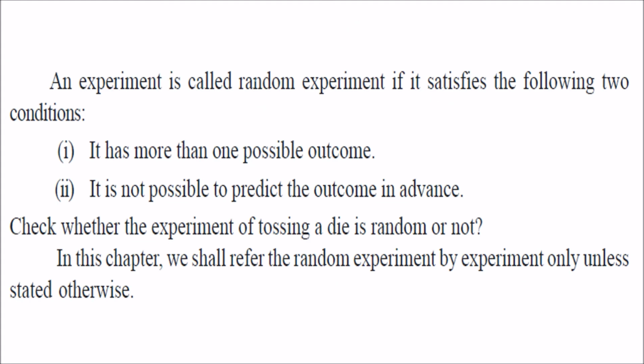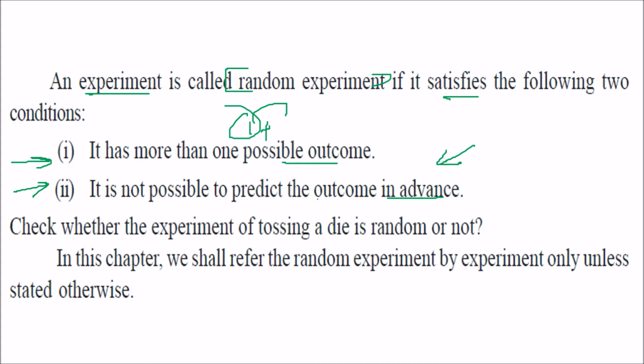There are two main conditions which any experiment has to satisfy to be called a random experiment. First, it should have more than one possible outcome. One will not suffice. The other condition is, if you are able to predict the outcome in advance, then it will not be called a random experiment.